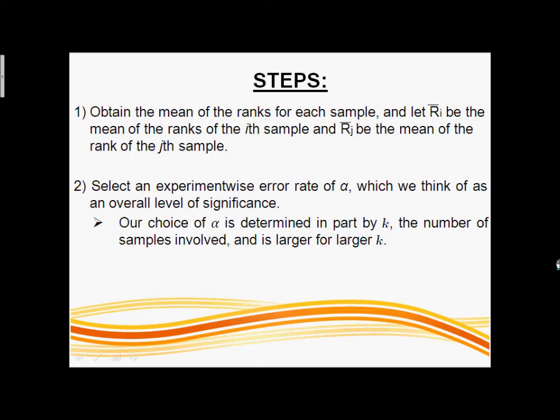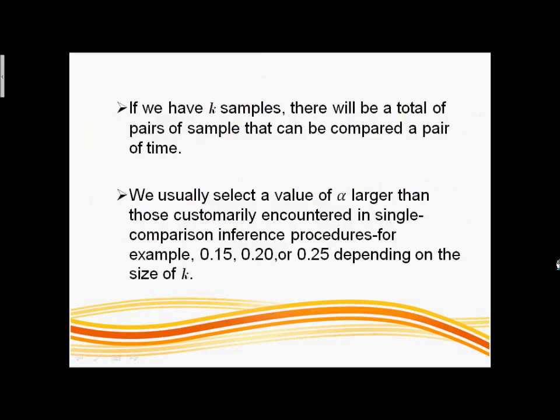Next, we select an experiment-wise error rate of alpha, which we think of as an overall level of significance. Our choice of alpha is determined in part by K, where K is the number of samples involved, and is larger for larger K. If we have K samples, there will be a total of K(K-1)/2 pairs of samples that can be compared.